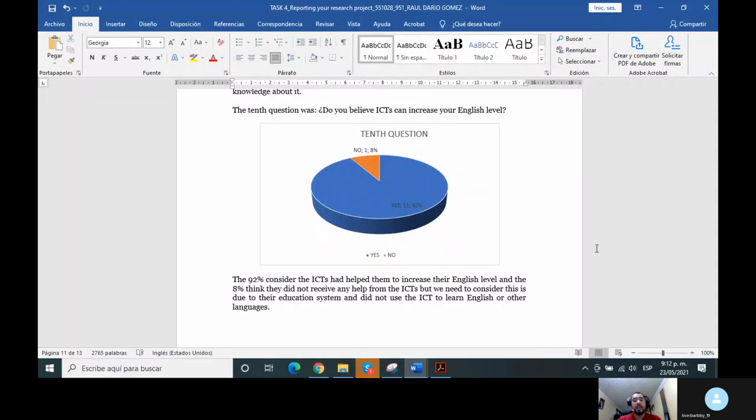Almost all believe that the ICTs can increase their English level. We can see that now there are many programs or apps and things like that that help us to improve ourselves in English. So I consider that this is very important.